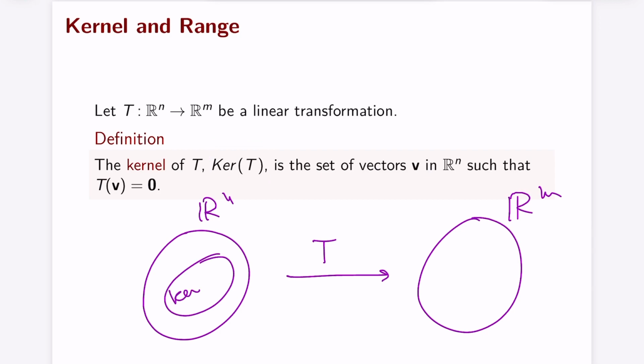The kernel of the transformation is a subspace of the domain such that when transformed by T goes to 0, where 0 is the vector 0 in the space Rm. So the kernel of the transformation is the set of all the vectors that get transformed into the vector 0.